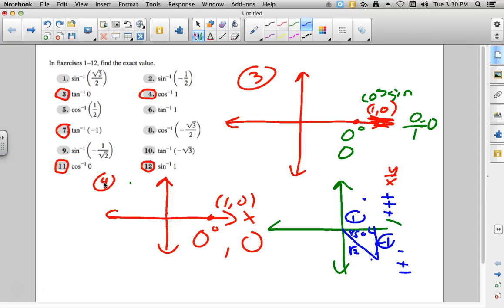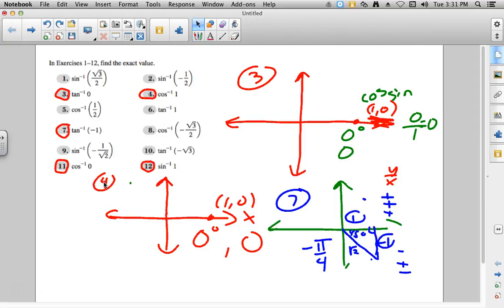This was a 45, 45, 90 triangle. We want a negative label on it, and we want to remember that 45 degrees is pi over 4. So this will be negative pi over 4. I've talked so much about how trig is so visual. You have to get in there and draw, and you have to think, where is that PBR? Where should I place this? If it's positive, I'll go here. If it's negative, I'll go here, and then figure out where those numbers are coming from.